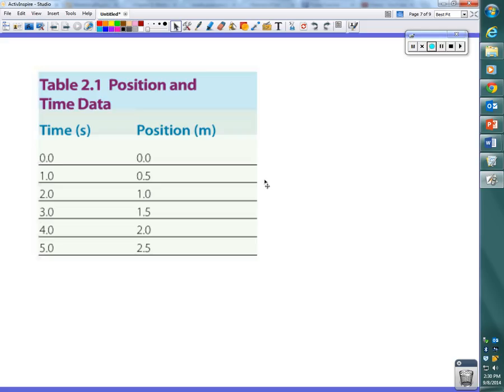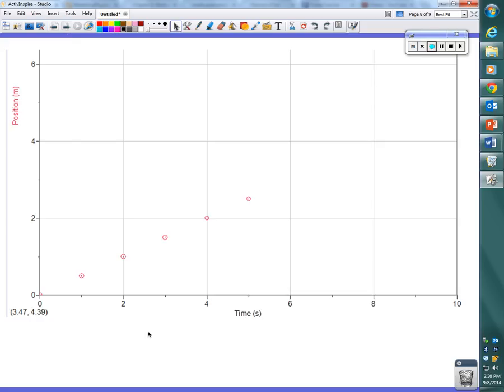However, if I showed you this graph, could we come to that conclusion maybe a little bit faster than we did by just examining the data table? Maybe not the 0.5 part, but could we conclude possibly that this object was moving at a constant velocity a little bit faster than trying to examine that data?